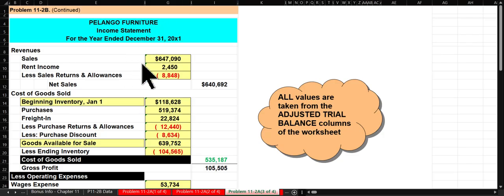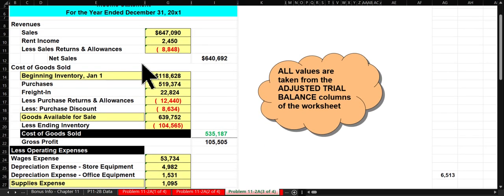So here are the numbers taken from the income statement columns of the worksheet. We have the revenue, we have sales, we have the rental income, and recall that we made that adjustment, and we have the subtraction of sales returns.